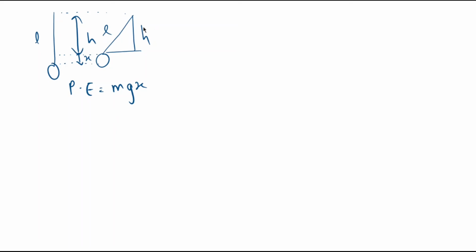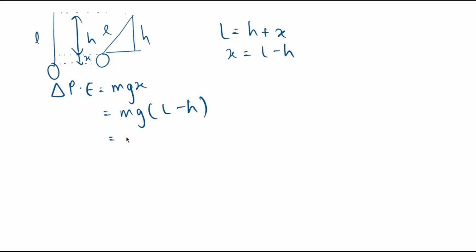Now you can clearly see that L is equal to h plus x, so x will be L minus h. So this is the change in potential energy, mg times L minus h. m was 0.1, g was taken as 10, and L was 0.2 minus h, which was 0.16, correct?